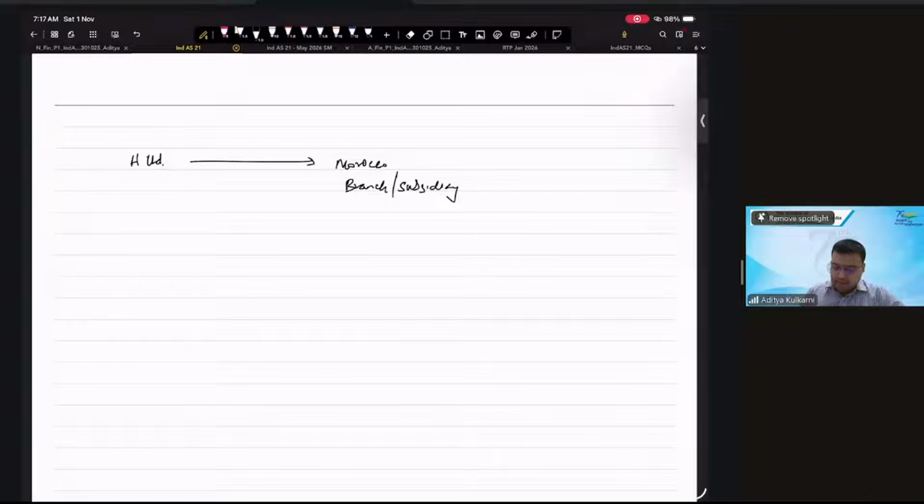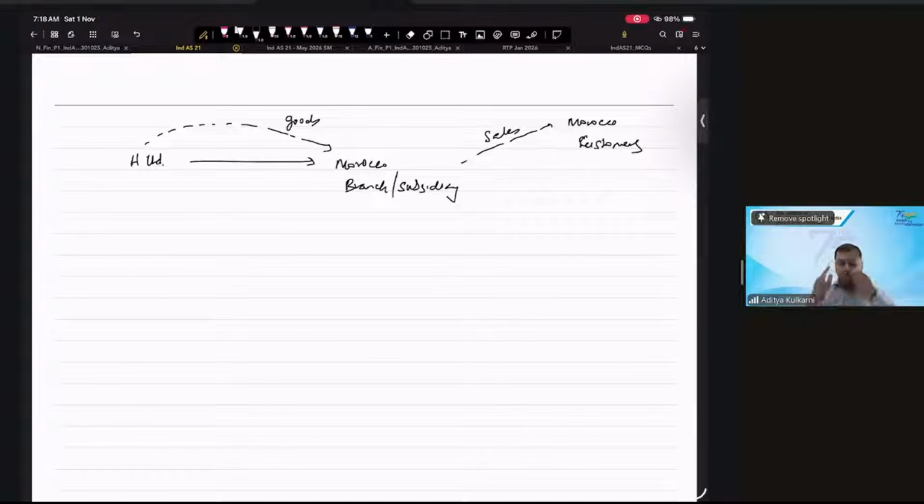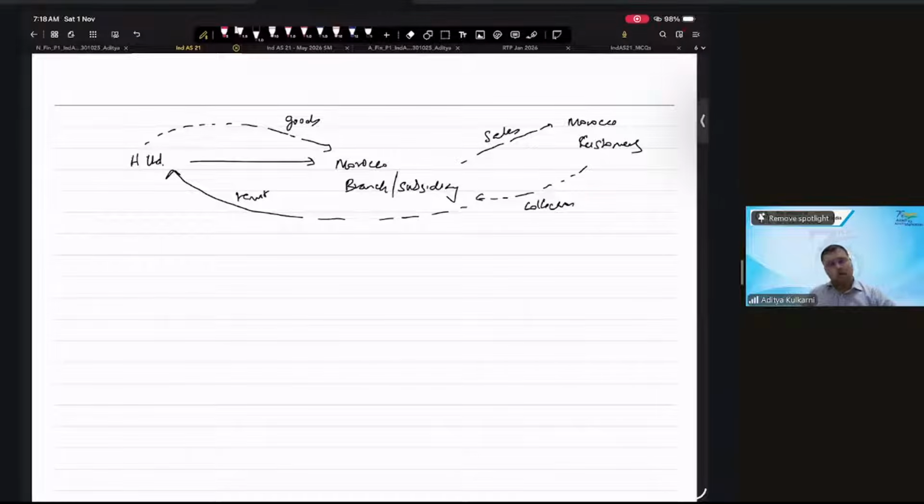This subsidiary is only collecting goods and selling them to Morocco customers. Then it will receive the collections and remit them back to H Limited. That is all that happens here.